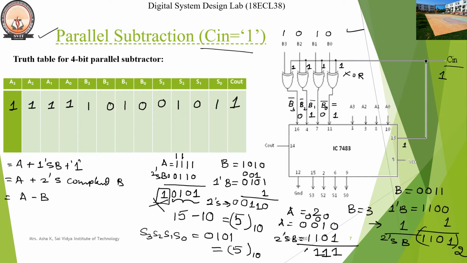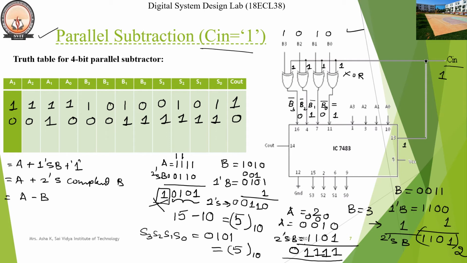Here produces the sum 1, again carry is 0. If we are going to write this particular output in the truth table, we are considering A here. The A bit is 0 0 1 0, and we are considering B bit here 0 0 1 1, this producing the output sum 1 1 1 1, and carry bit is equal to 0 in this case.